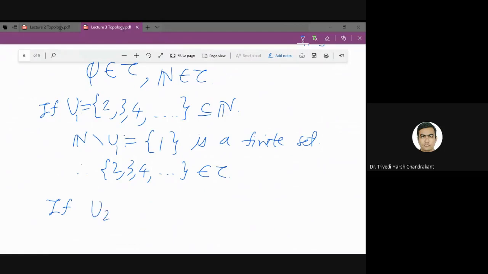If I take U2, suppose I am taking 1, 3, 5, 7, and so on. Is this set in tau? No. Why? The complement is even numbers, and it is an infinite set.